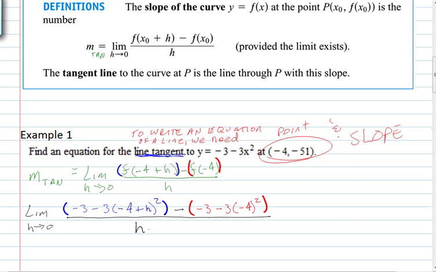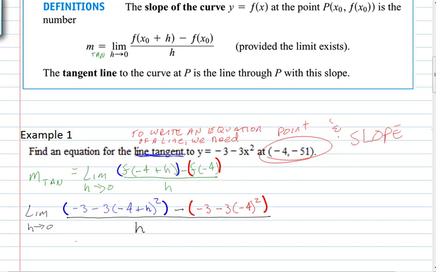So far, so good? We're just using this formula. Okay, we replaced x naught with negative 4, what we said it was equal to, and then we plugged that into the formula right here in place of x. Now we've got to clean it up. We've got a lot of algebra to do here.